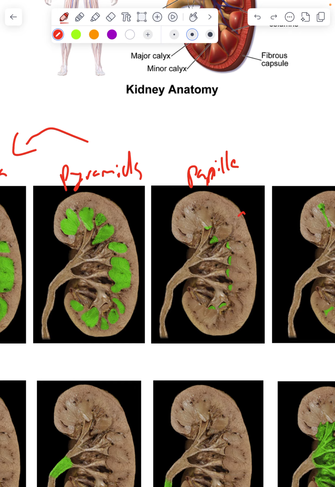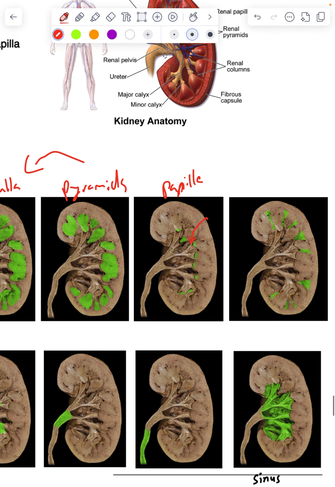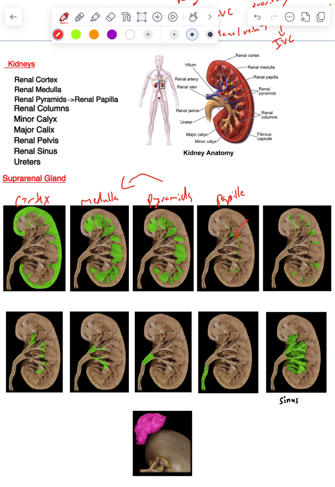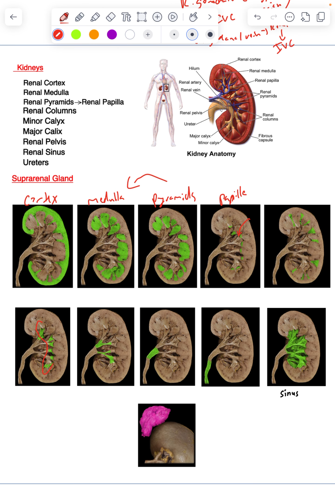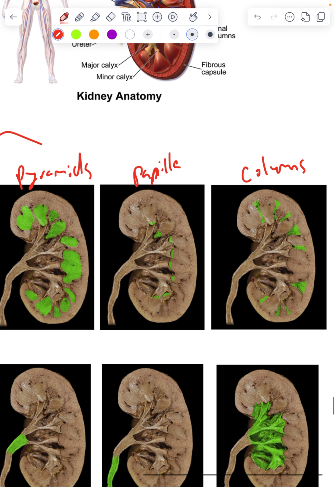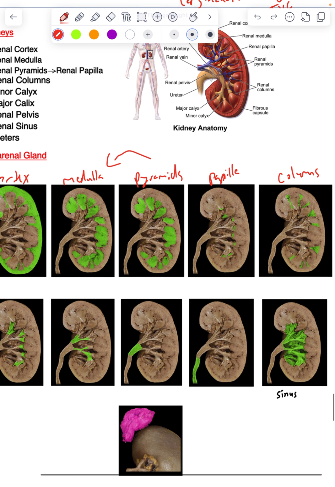That has not hit your minor calyx yet. So minor calyx would be this stuff right after. That's all minor calyx. These are just your renal columns. So imagine if you were looking at each one of these pyramids, the stuff in between them, these are your columns. So they're shaped like columns.